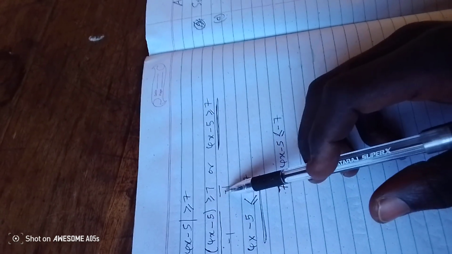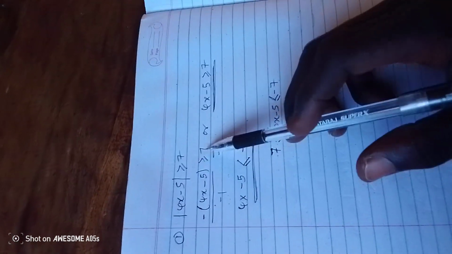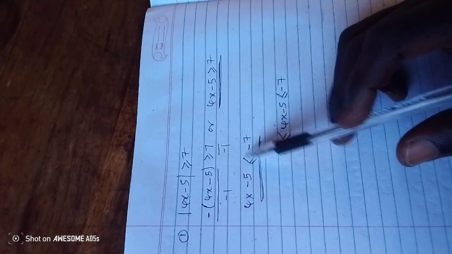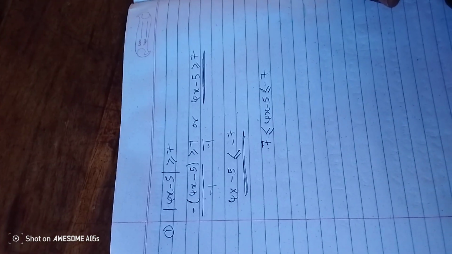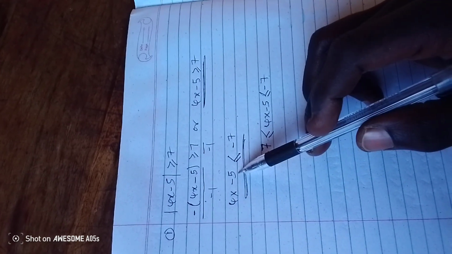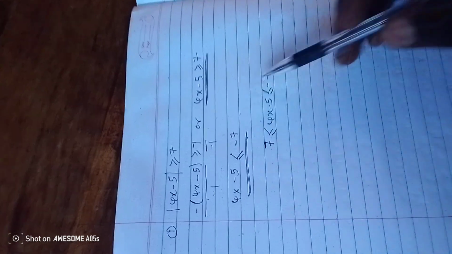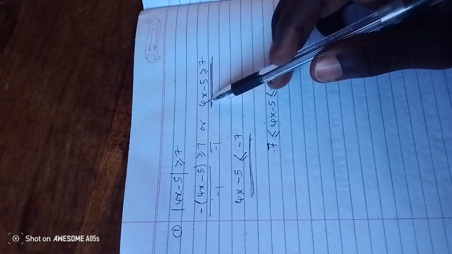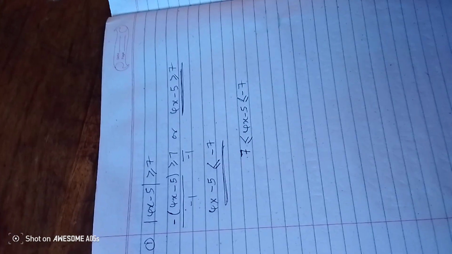But upon division by a negative, the symbol turns to the other side, and this number obtains a negative. So this is where we are. Then we have seen that x - 5 is greater than or equal to negative 7, meaning it is bigger than negative 7, and on the other side it is less than or equal to 7.